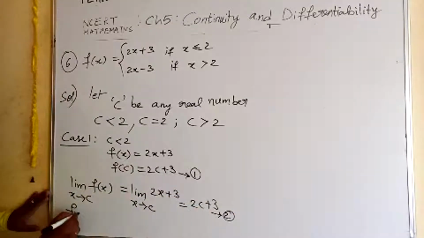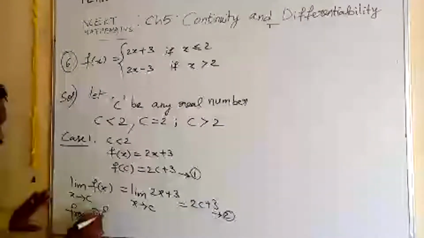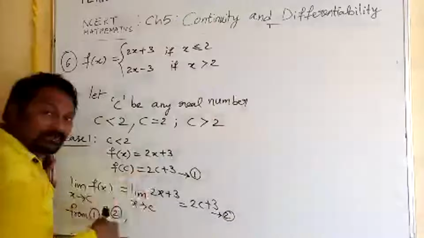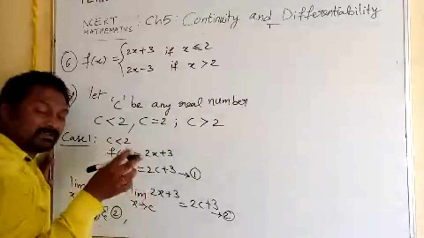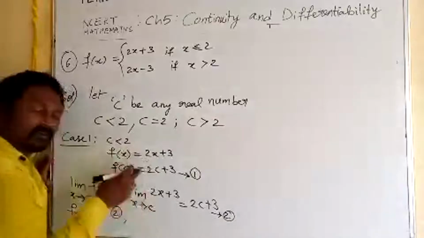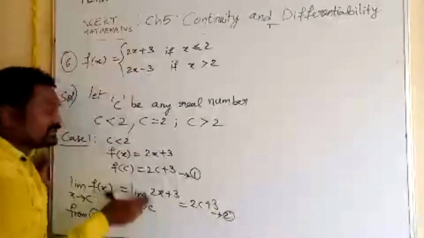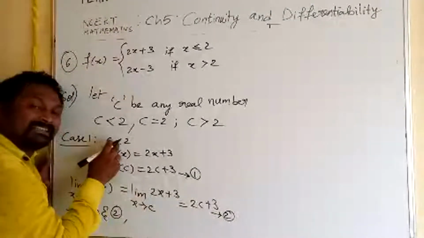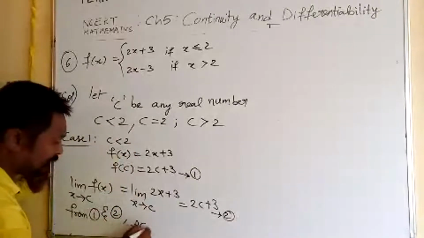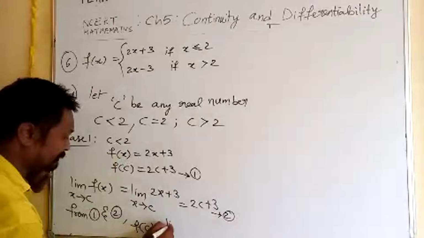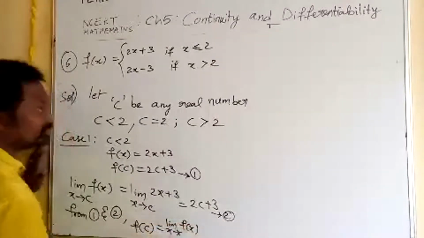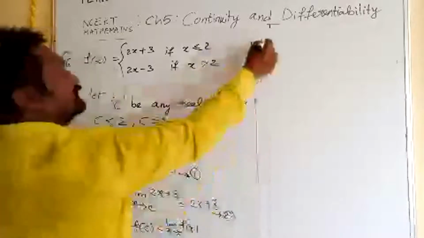Now from 1 and 2, both are equal. The first condition, f of c is equal to limit x tends to c of f of x, is proved. So this is continuous for x less than 2.